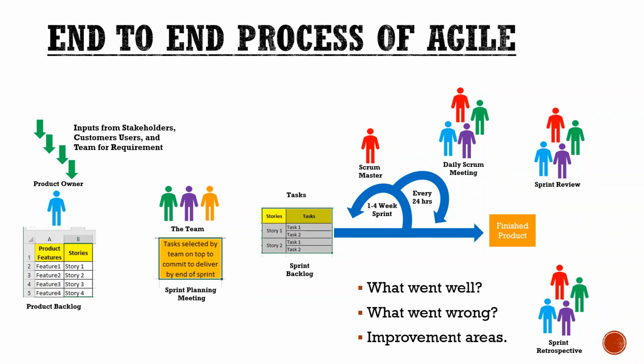And also we have a product backlog. Additional things other than the sprint backlog will be there in the product backlog. At this time the product owner will come and analyze the backlogs, what are the things which we haven't completed in the sprint, that is the sprint backlog.